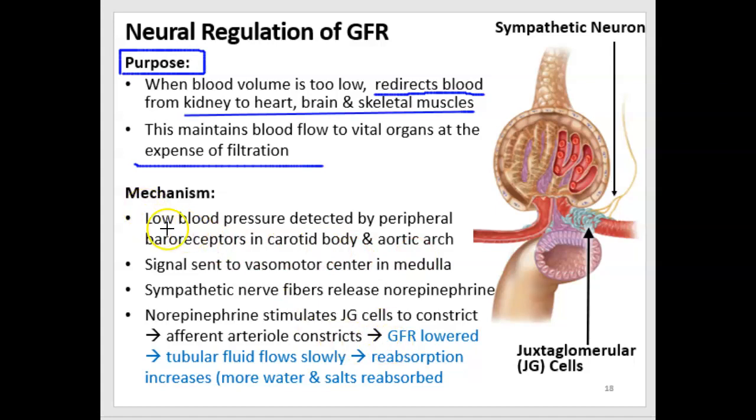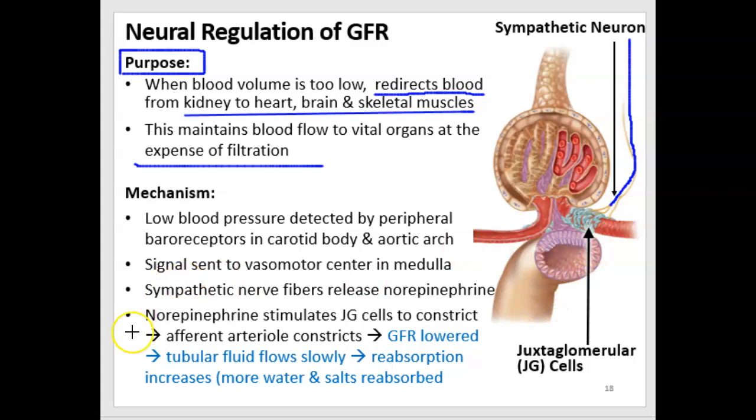This is how it works. When blood pressure is low, there are baroreceptors that we studied already in the carotid bodies and the aortic arch. And that signal is sent via a neuron up to the medulla oblongata. From the medulla oblongata, a sympathetic neuron signal is sent down through various nerves, which we're not going to trace right now, to the JG cells, the juxtaglomerular cells surrounding the afferent arteriole.